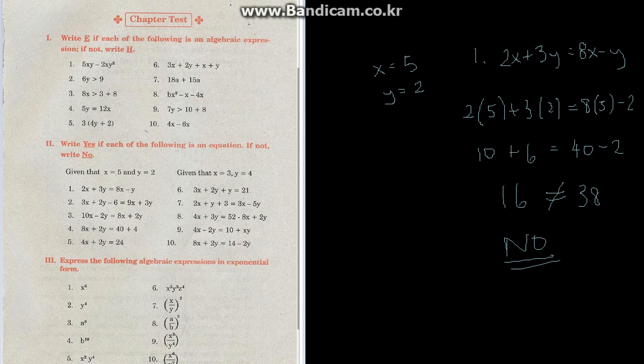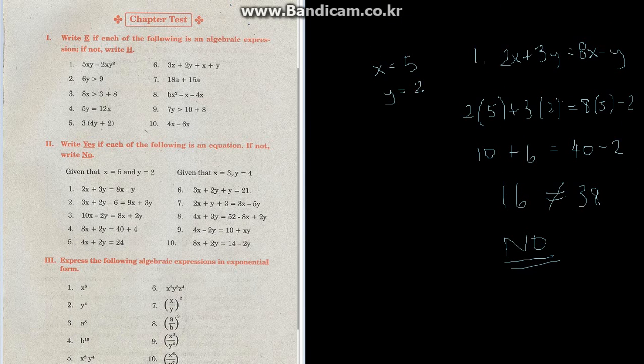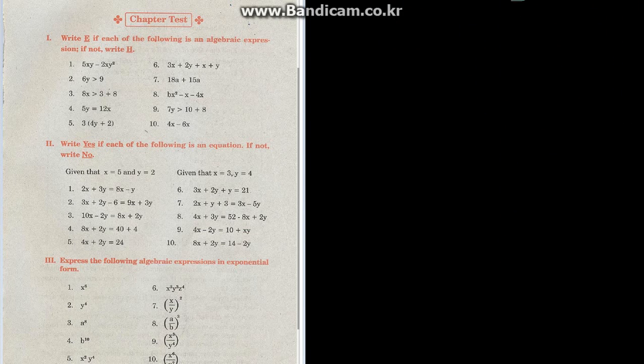Okay, so well, those ones are pretty easy. You just have to substitute the values into the variables and see if they are equal to each other. Well, let's try number 7. We are given that x is equal to 3 and y is equal to 4, and the equation is 2x plus y plus 3 is equal to 3x minus 5y.